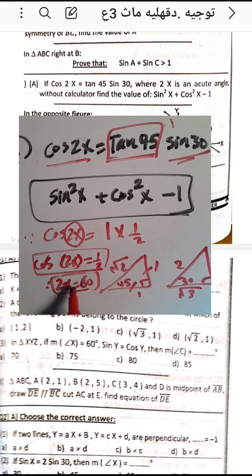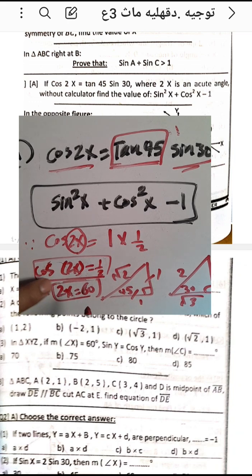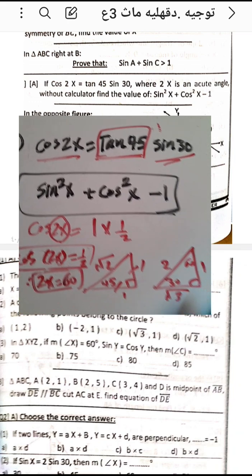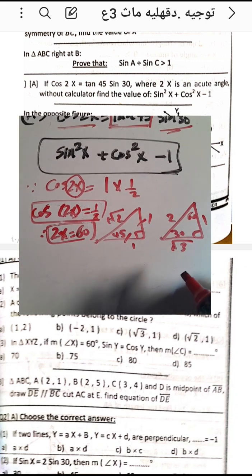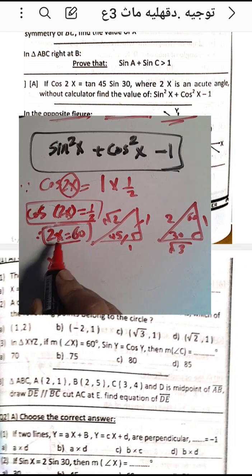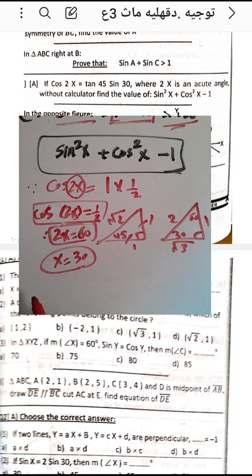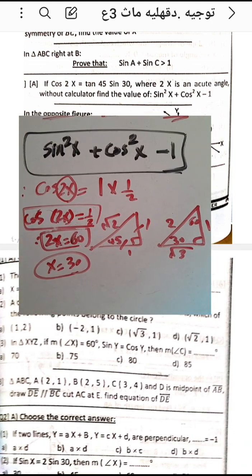Then the angle here equals 60, because cosine 60 equals half from this triangle. Cosine 60 equals half, 1 over 2. Then x will be what? We have 2x equals 60, then x equals 30. So we can find the value of this expression. We get x equals 30.